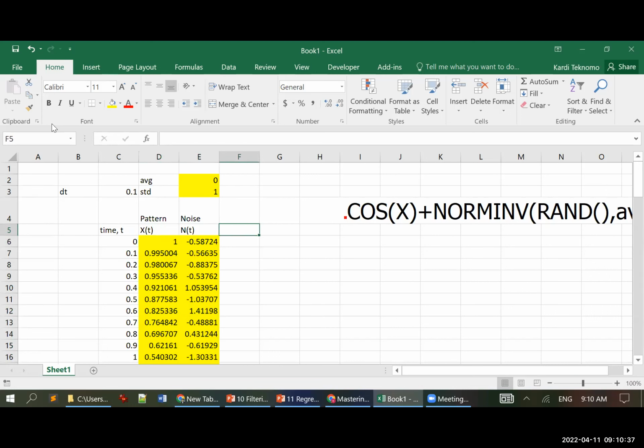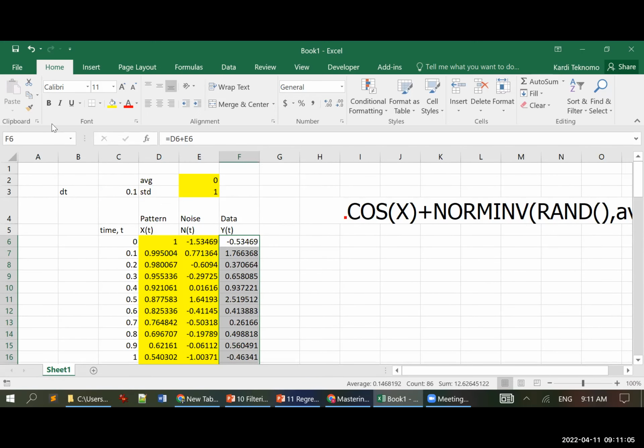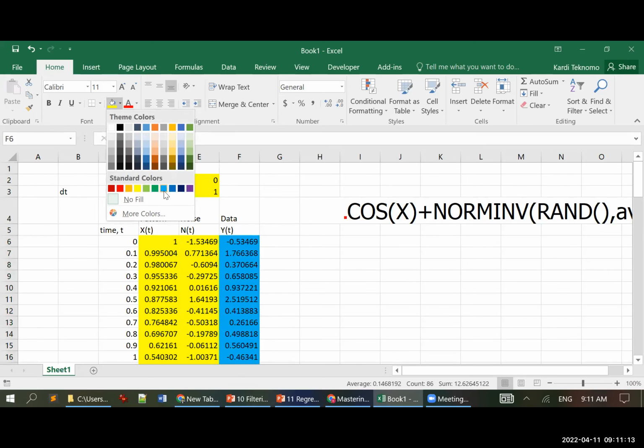Now I will have my data, and remember, data is pattern plus noise. So I will call this y, it is pattern plus noise. This is my created data, so I will color it differently, this blue.